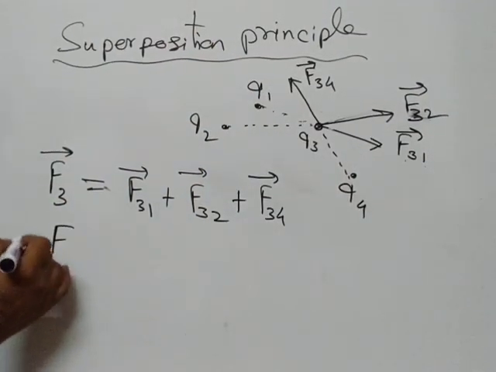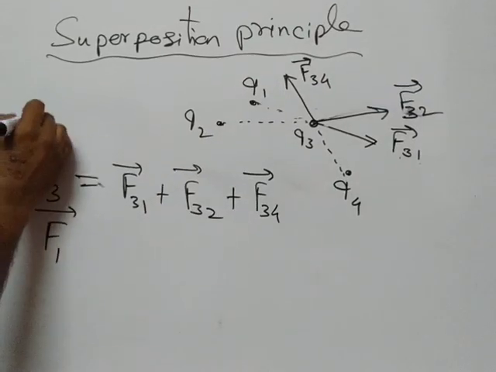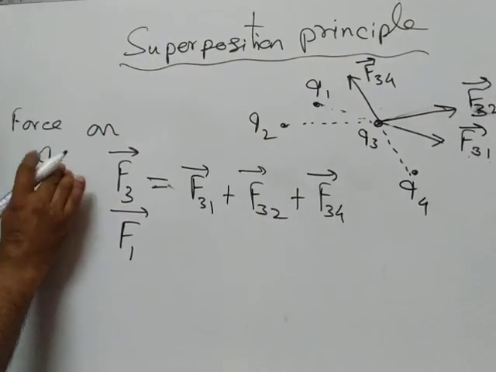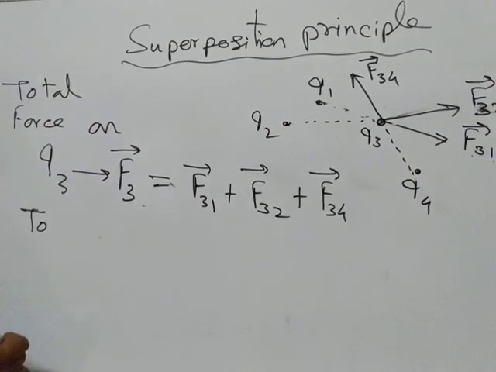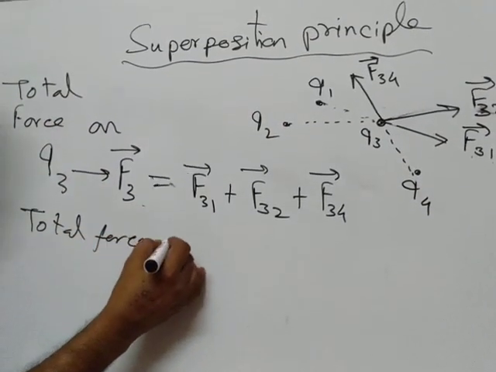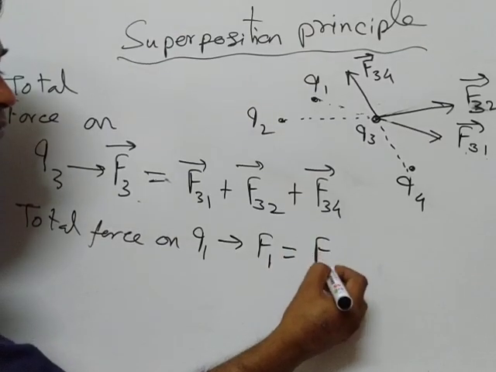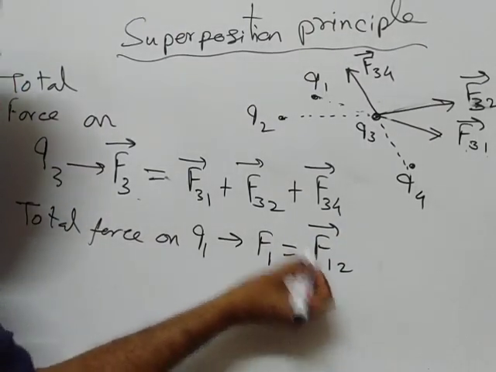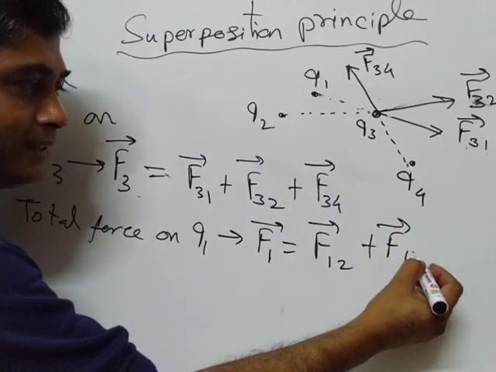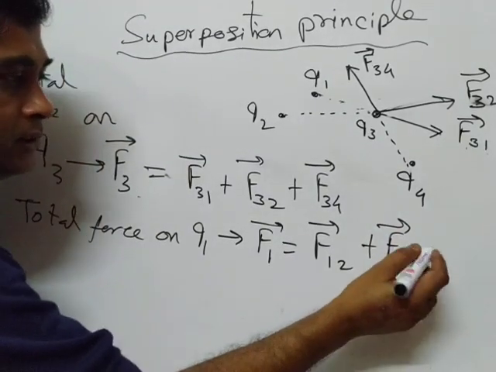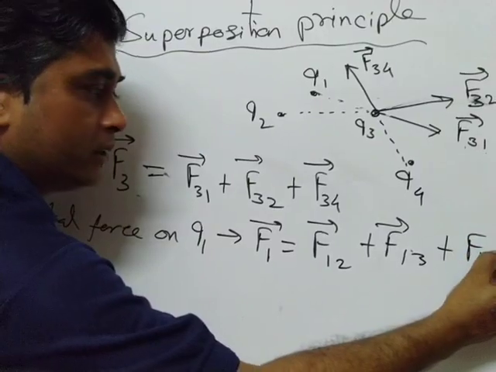The total force on Q1 is F1, which would be F12, the force on Q1 due to Q2, plus F13, the force on Q1 due to Q3, plus F14.